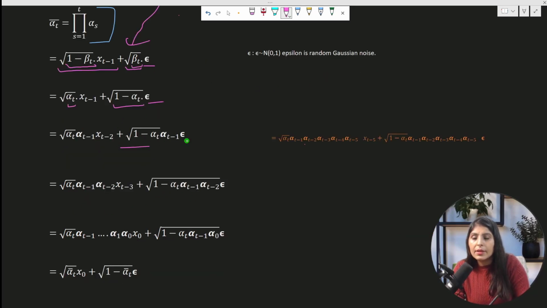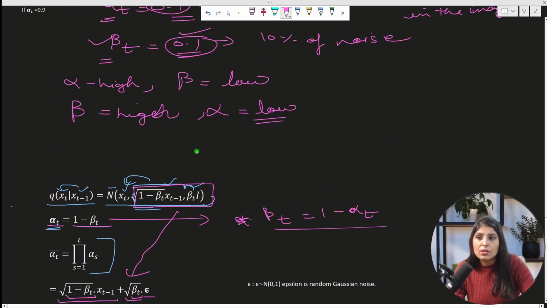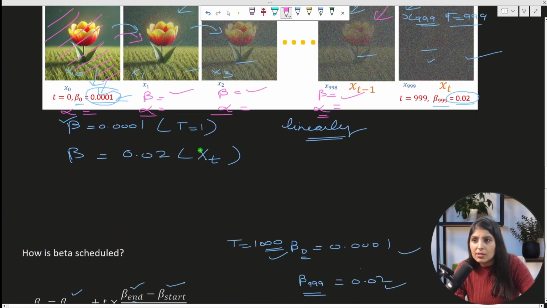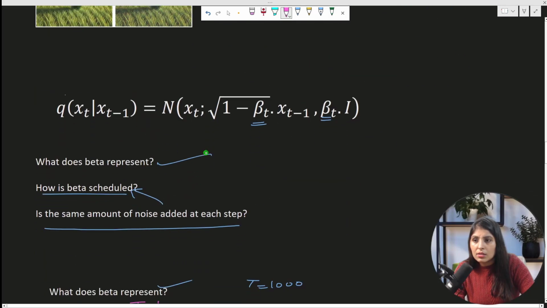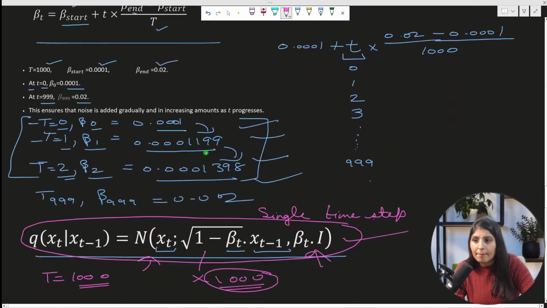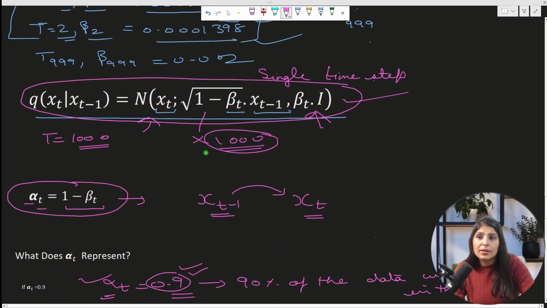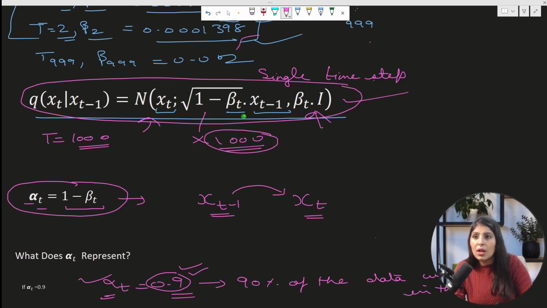Now in the next step, you'll see the thing which we discussed while writing this formula at this point. Let's just scroll up, and yeah, over here, remember at this point I told you that this formula is for one time step, and if you want to repeat this formula for 1000 time steps, then you can run this step 1000 times, or we can perform this task in one step also.